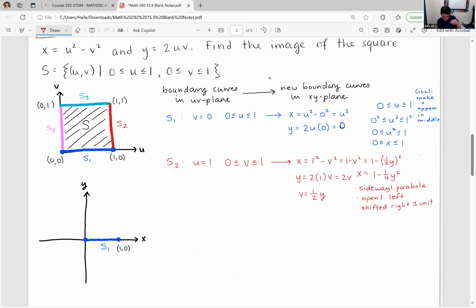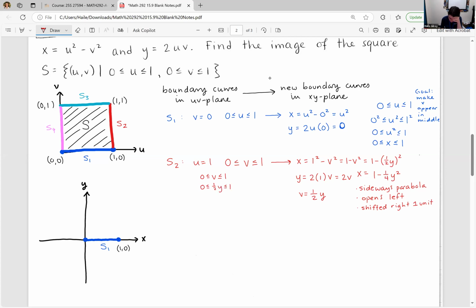So how did I get y between 0 and 2? Let's think about this. If I know that v is between 0 and 1, so let's start with 0 less than v less than 1. Well, now I know that v is equal to 1/2 y, so I can go ahead and just make that substitution there.